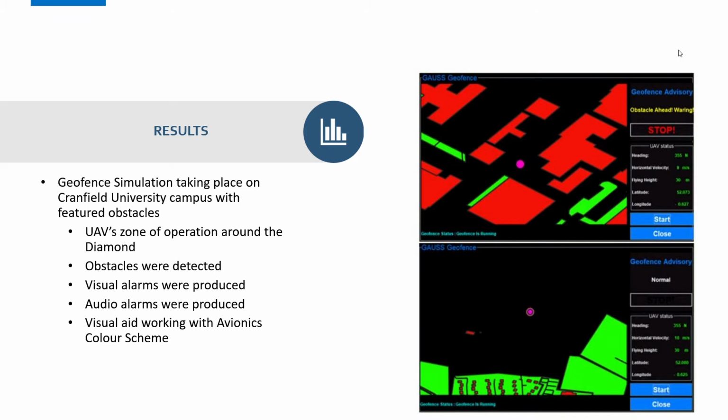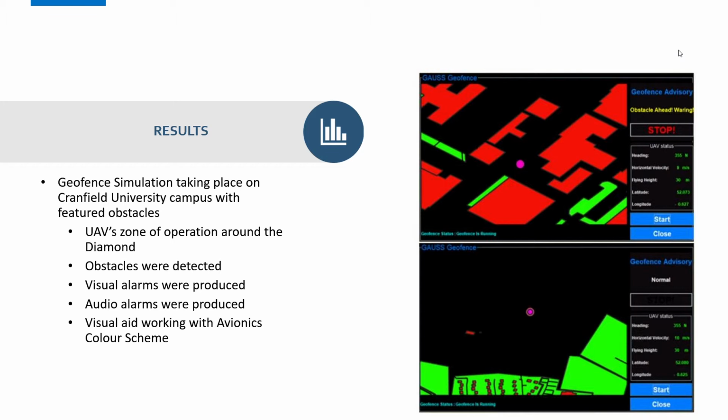These are areas that the UAV intentionally missed, because knowing that if it went anywhere near, the interface would yell stop. That's a visual indicator, and there would be a beeping noise, an alarm to ensure that the user knows that it's restricted access. So it would go towards the green areas, which are unrestricted.